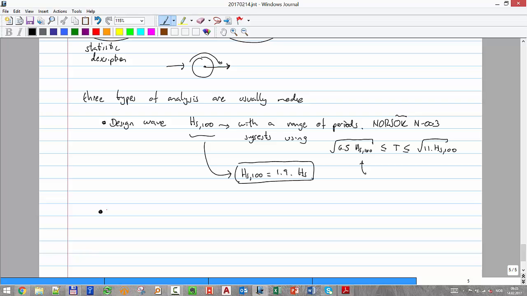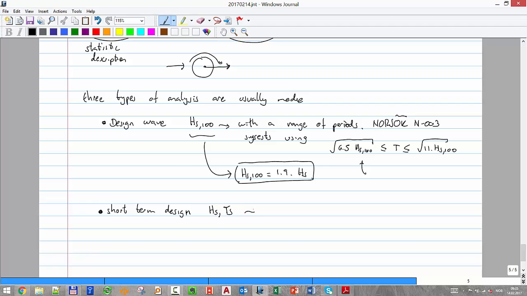Then you have a short-term design. And that's usually done with a particular combination of HS and TS.